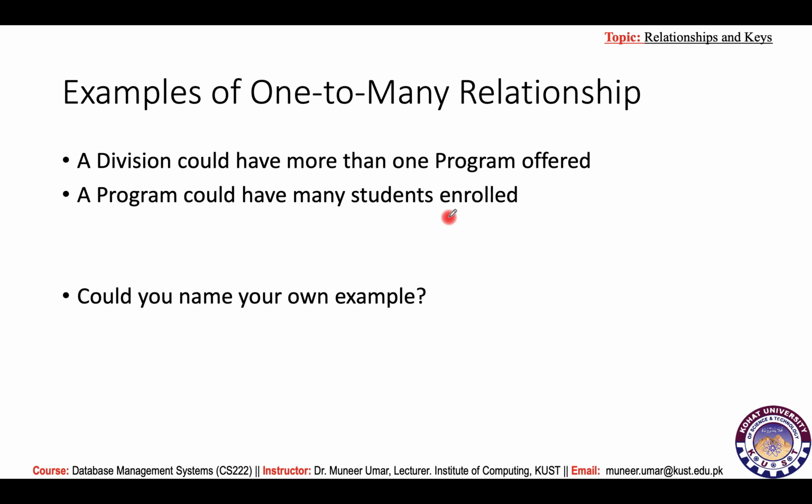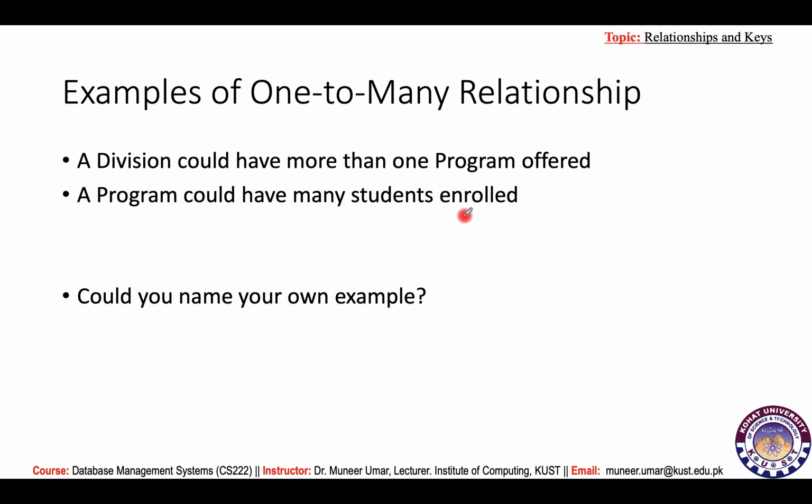For one-to-many relationships, we can say that a division could have more than one program offered. In one department, we may have many programs, like in our department, we have BS Computer Science, BS Software Engineering, MS Computer Science, and PhD in Computer Science. A program could have many students enrolled.